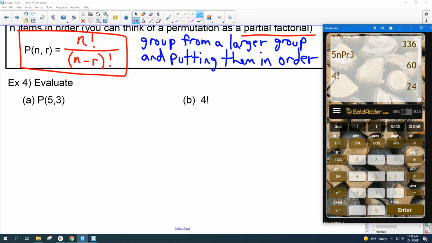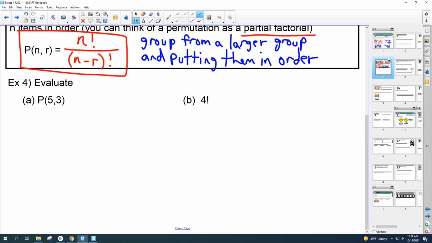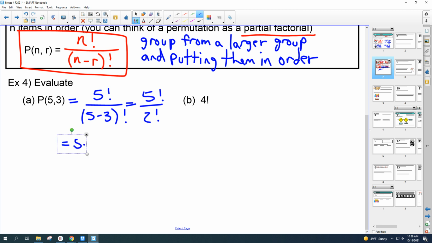Okay, so the formula for permutation, if we were using the formula, it would say equals 5 factorial over 5 minus 3 factorial. That's 5 factorial over 2 factorial. So 5 factorial is 5 times 4 times 3 times 2 times 1, and 2 factorial is 2 times 1.